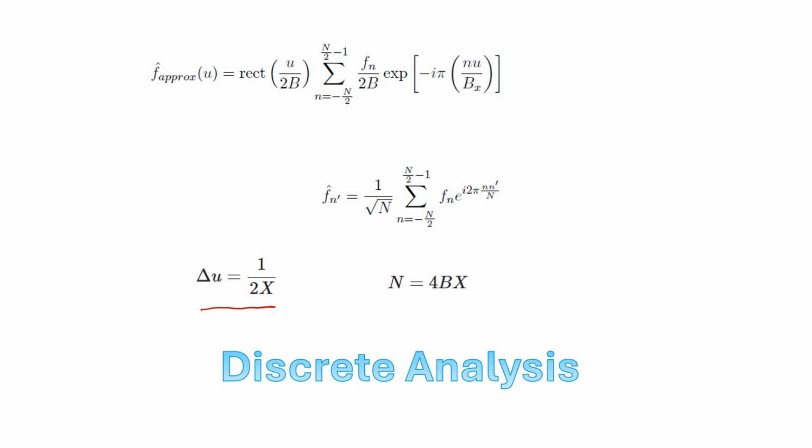So the total number of samples would be 4 times bX, since 2X is the spatial extent of the function and 1 over 2b is our sampling rate. So we'd have 2 big X over delta x, which would be 4Xb, the total number of samples that we have in real space.